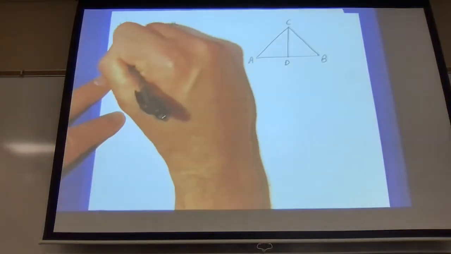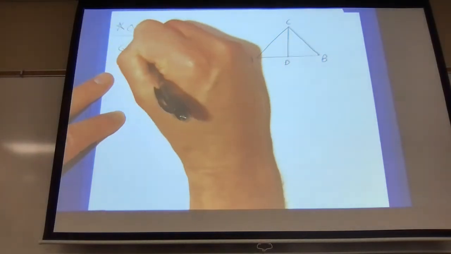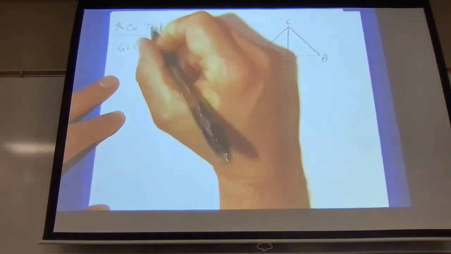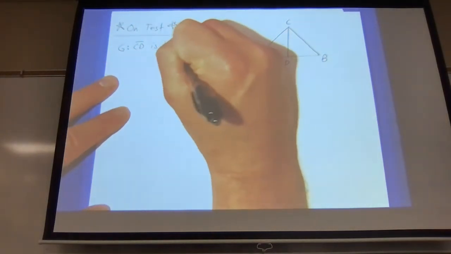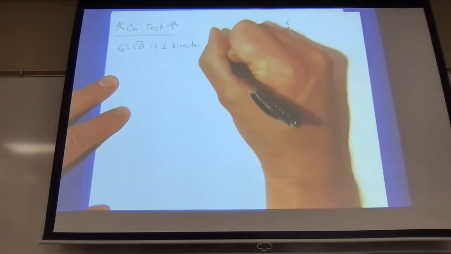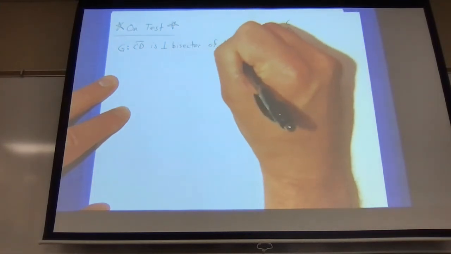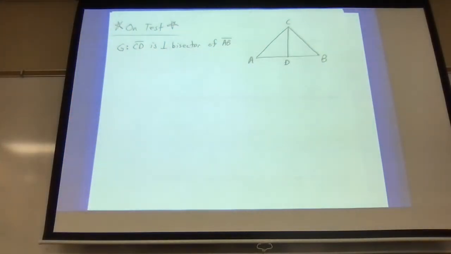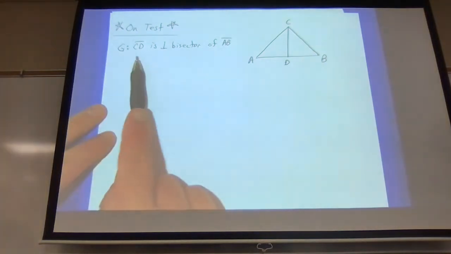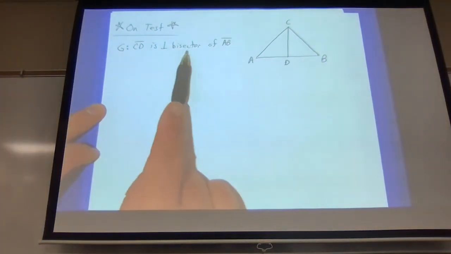And our given, we're going to be given one thing here. They're going to tell us that CD is a perpendicular bisector of segment AB. Before we go any further on that, when you look at that, you see the word perpendicular bisector in your given.